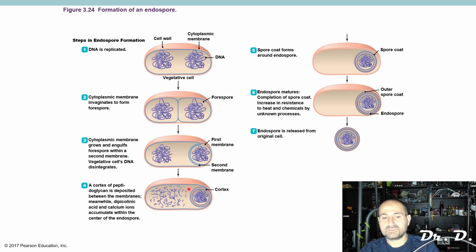That forms what's known as the cortex. And now a protein coat surrounds the developing spore, and that's called the spore coat. Then an outer spore coat forms, and then the endospore leaves the vegetative cell. The endospore can rupture the vegetative cell and travel on its own.